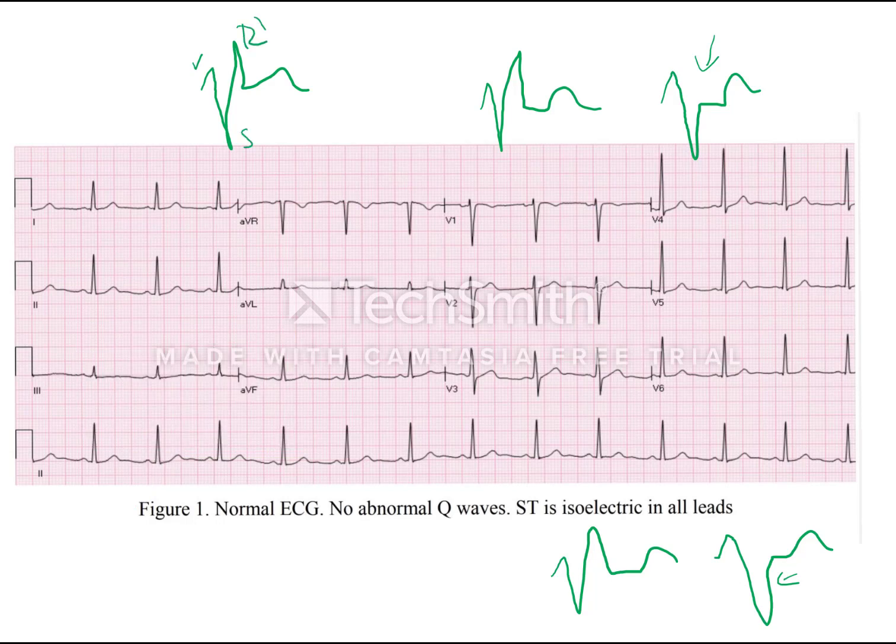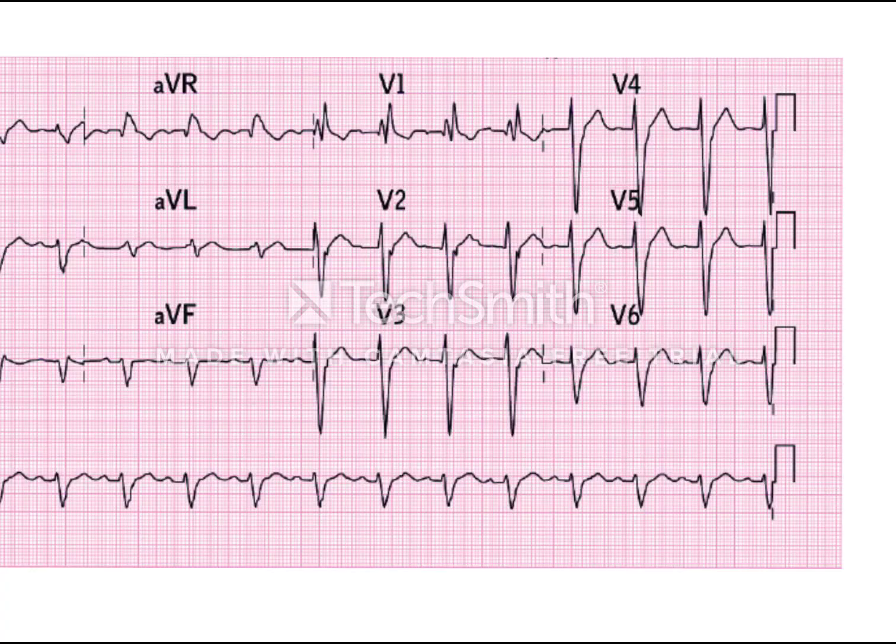But a normal, in this case, let's pretend this is normal, QRS complex. This would be an RSR prime morphology, and because it is not an abnormal QRS duration, it would be an incomplete right bundle branch block. And this can be associated with atrial septal defects and pulmonary hypertension.